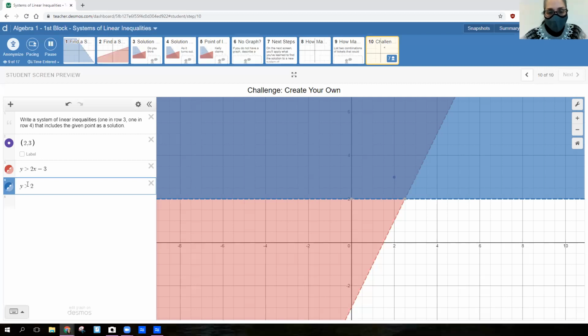Albert, be careful if you're going to use dashed lines, you might want to move one of them over a little bit so that your point isn't right on the dashed line. Remember, if it's on the dashed line, it's not a solution. So maybe move that blue line down a little bit.